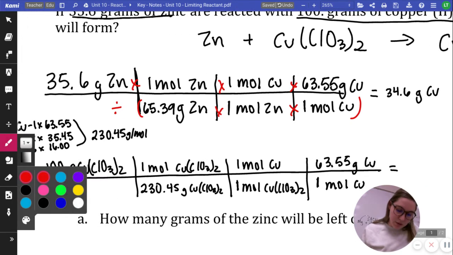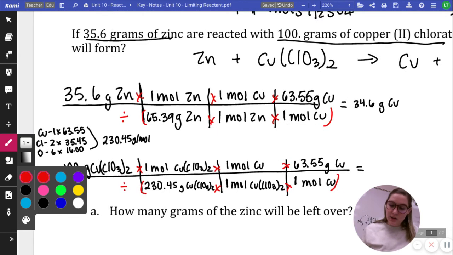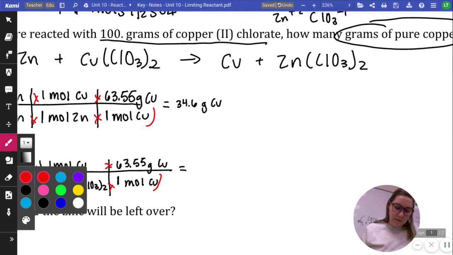We multiply across the top and divide by the product of the bottom to give us our answer. So go ahead and plug it into your calculator, and round for sig figs. It should have 3 sig figs. When I plugged it in, I got 27.6 grams of copper.